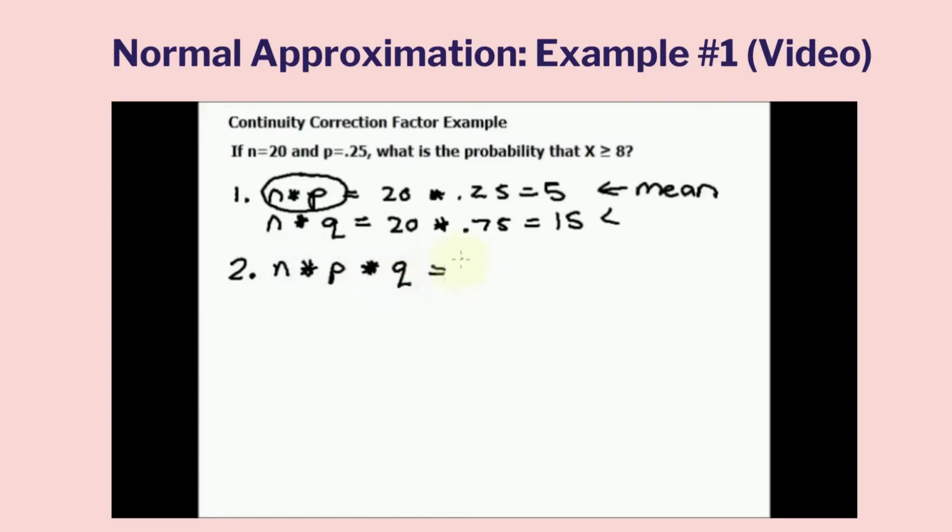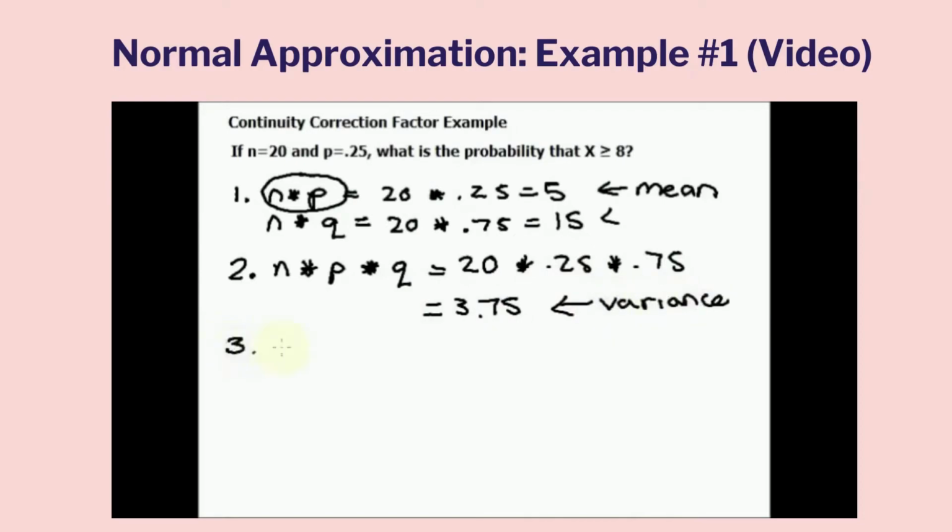My n is 20, p is 0.25, and q is 0.75. If I multiply this through, I get 3.75. So this is my variance.